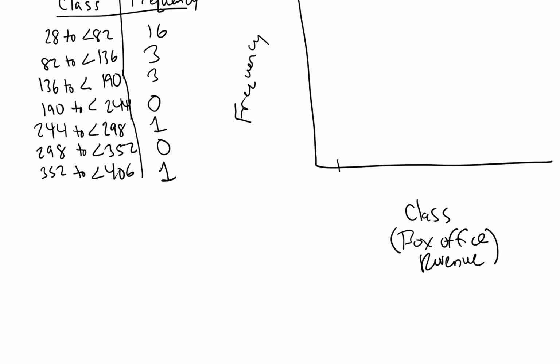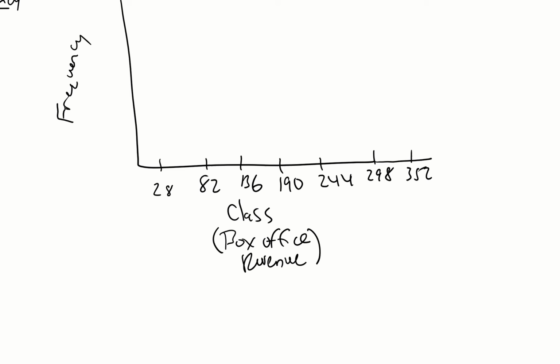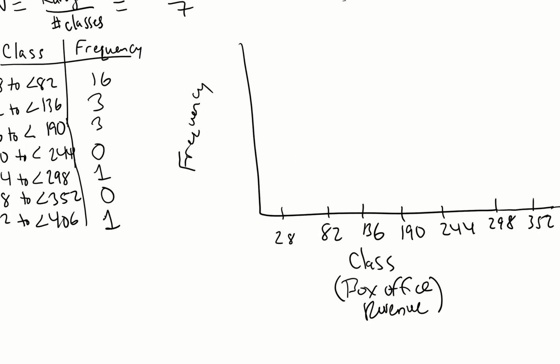The first one is 28, 82, and so on, using our numbers from here. Okay, so we got those numbers, and then we need our frequency, so it's all the way to 16.